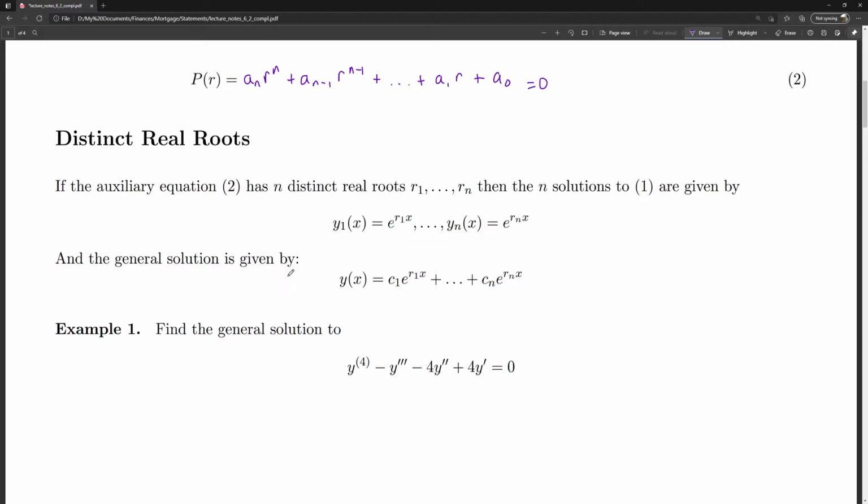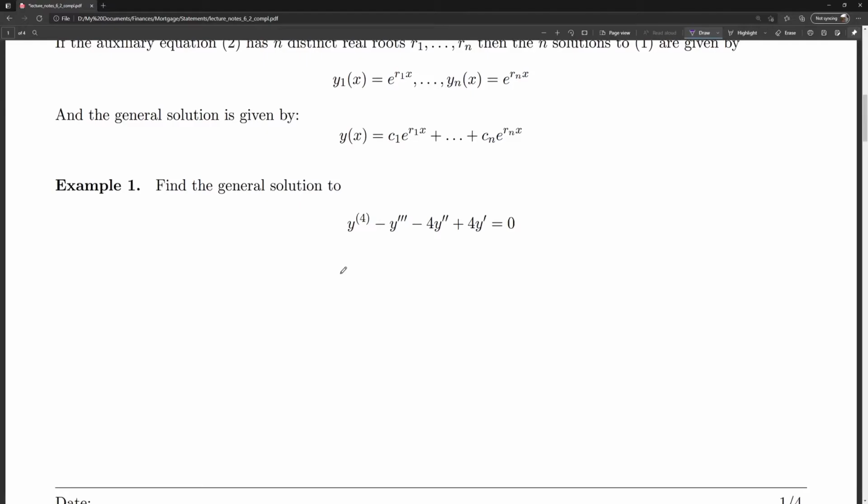And the general solution to the homogeneous equation is given by y of x equals c1 times e to the power r sub 1 times x plus dot dot dot plus c sub n times e to the power r sub n times x. So let's apply this to an example.